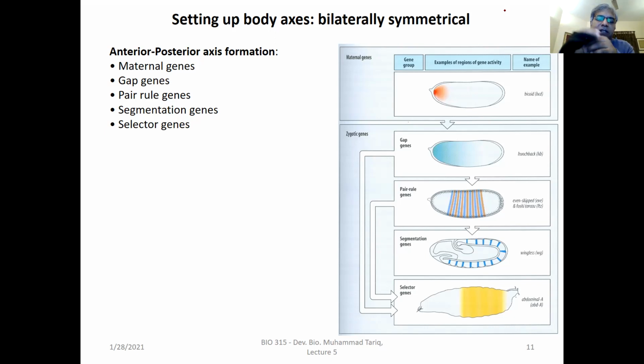If we are able to see disturbances in anterior posterior or dorsal ventral body axis formation, etc., it means we are disturbing the genes which are responsible for the developmental plan or body axis formation or pattern formation, etc. It was one of the most successful screens in Drosophila, and I think after Morgan's discoveries of the chromosomal theory of inheritance, if I think the fly has contributed something enormous in the field of biology, it is this screen.